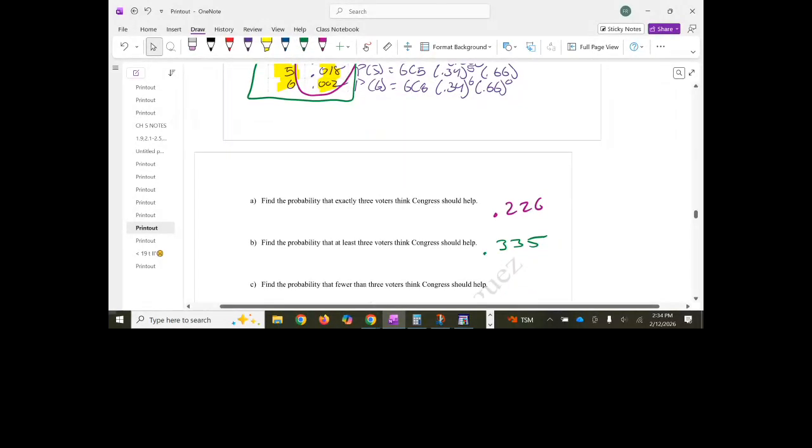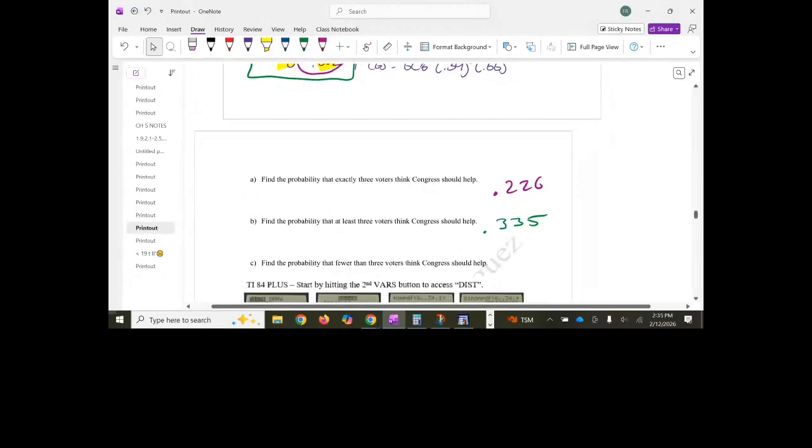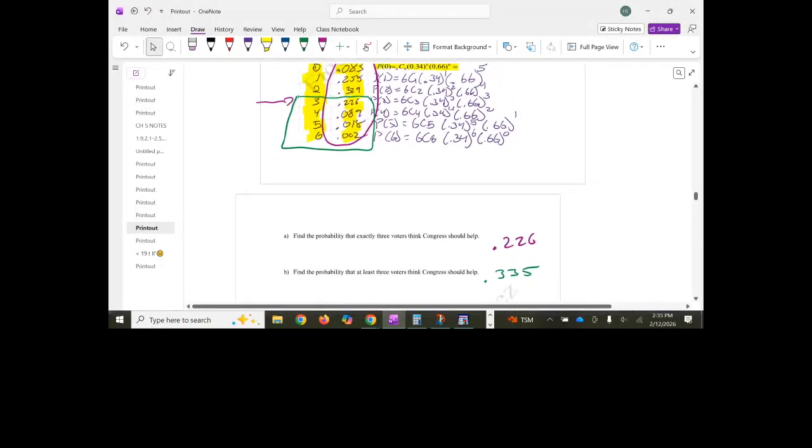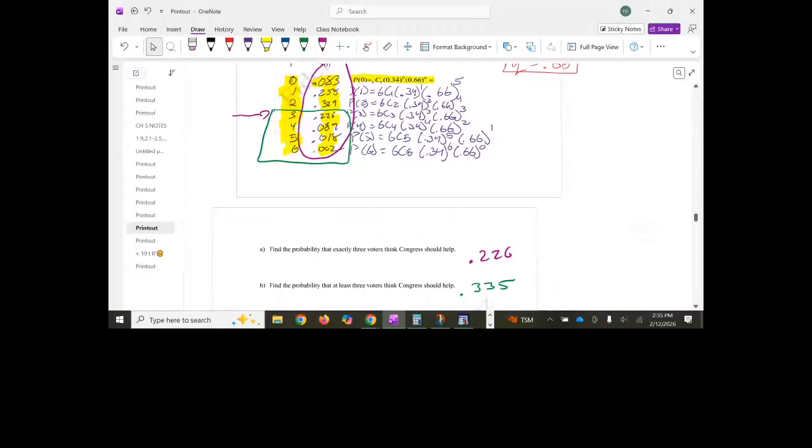All right, is there another question? Yes. Okay, part C. Find the probability that less than 3 voters think Congress should help. Less than 3 voters. Would you guys agree that less than 3 voters would have been those folks right there? A couple of ways we can do this. Sorry, let me grab my calculator.